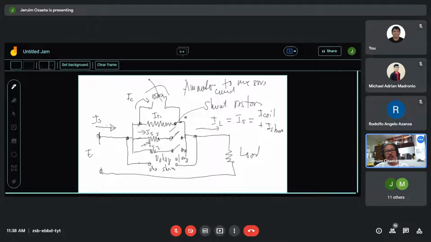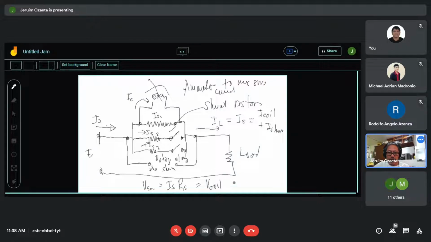That's a voltage drop, because if you multiply the current at the shunt, the voltage at the shunt equals the current at the shunt times the resistance of the shunt. You can now make the proportion of the voltage at the meter. Remember also that the voltage of the shunt is also the voltage at the coil.